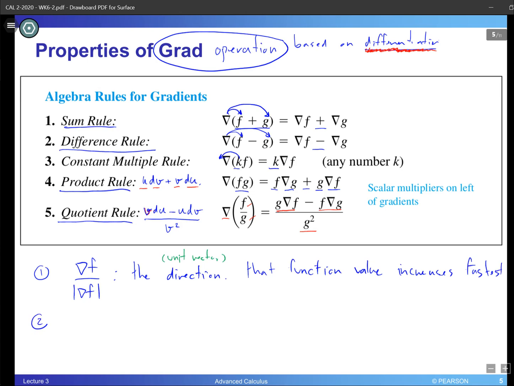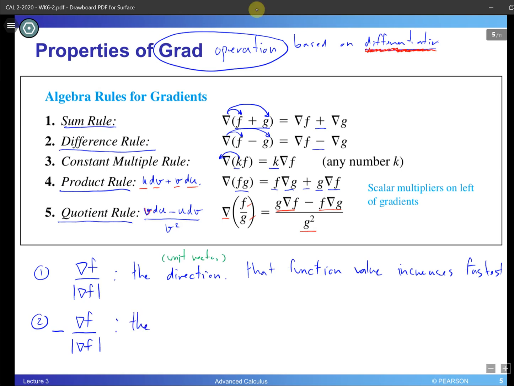Now let's take a look at number 2. If we add a minus sign in front of that, the same gradient of f divided by its own size with this minus sign turns out to be the direction that makes the function value decrease the most. Make a note right here.